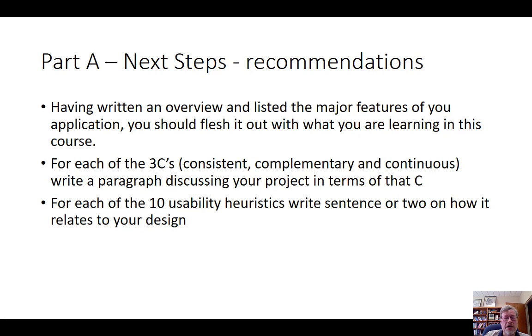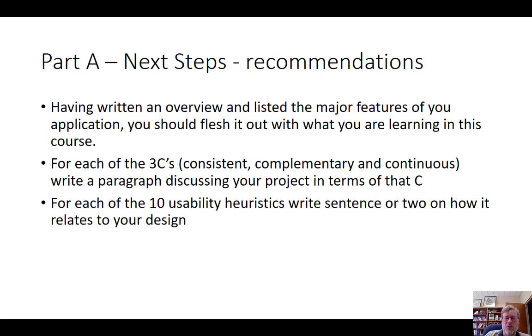Okay? And then for each of the 10 usability heuristics, I would write a sentence or two on how it relates to your design. And if it really doesn't, just say that. Just say, for what I'm doing, I'm only writing this for the web. I'm not using other devices. It's not complementary. That's fine. But at least I know you've thought about it. And the same with the usability heuristics.